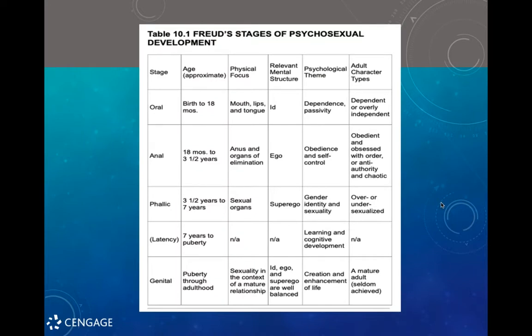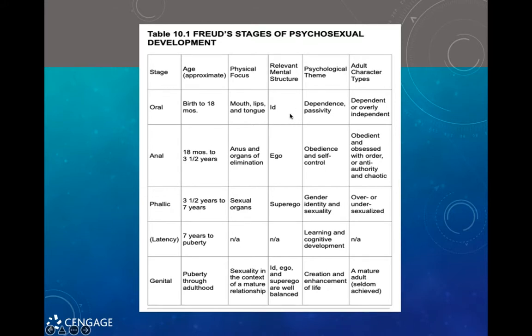And this is a very nice table that puts everything into perspective, but I'll give you the first example. So oral is from birth to 18 months old, where the physical focus is on the mouth, the lips, the tongue. This is the primary erogenous zone, like when a baby is first starting to navigate in the world, the mouth is being used to gain awareness of the surroundings, everything the baby puts in its mouth.